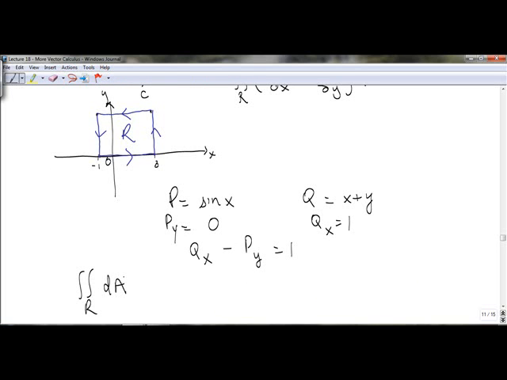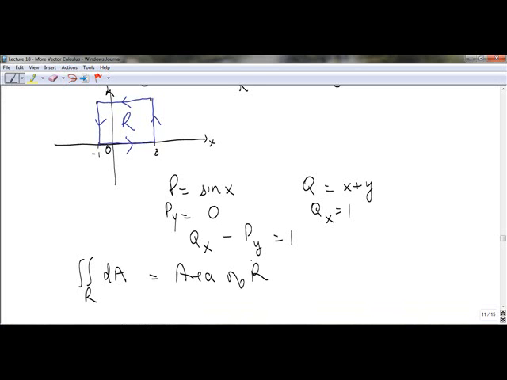Now, that is where you need to remember some formulas I've given you. Use some shortcuts when you can. You could find the double integral, putting in your limits and so on, but what is the double integral of 1? Area. So this is really the area of R. And we know how to find the area of a rectangle, right?